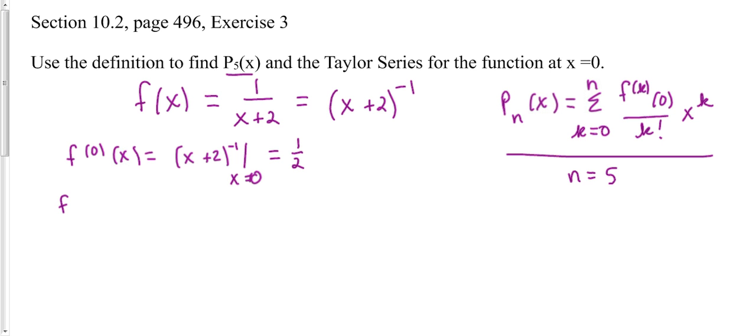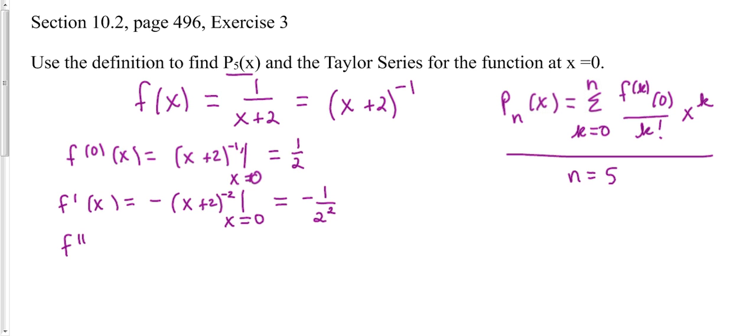So now we need to take the first derivative, and when we do that, we bring the exponent down, so it's going to be negative x plus 2, now to the negative 2. We're going to evaluate that at x equals 0.